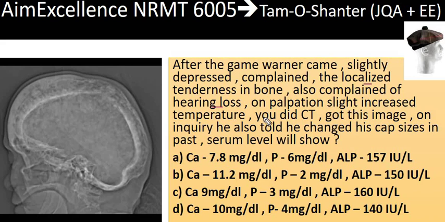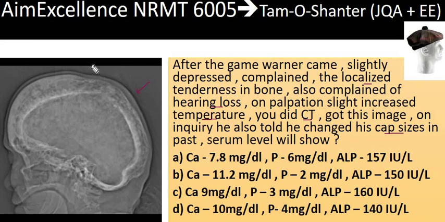On palpation, on touching the bone, you will see slight increased temperature, and also a little tenderness. You did a CT scan and got this very important image, and he also told you that in the past he changed his cap sizes.